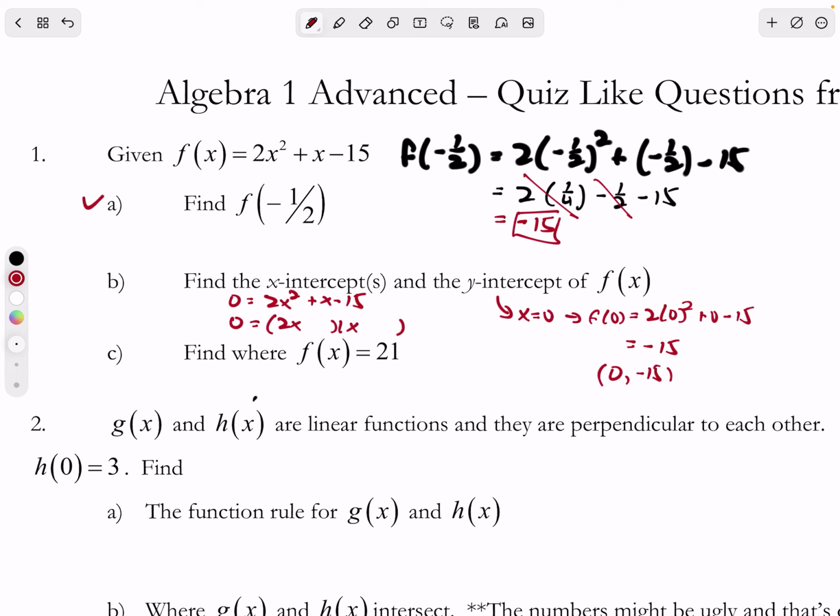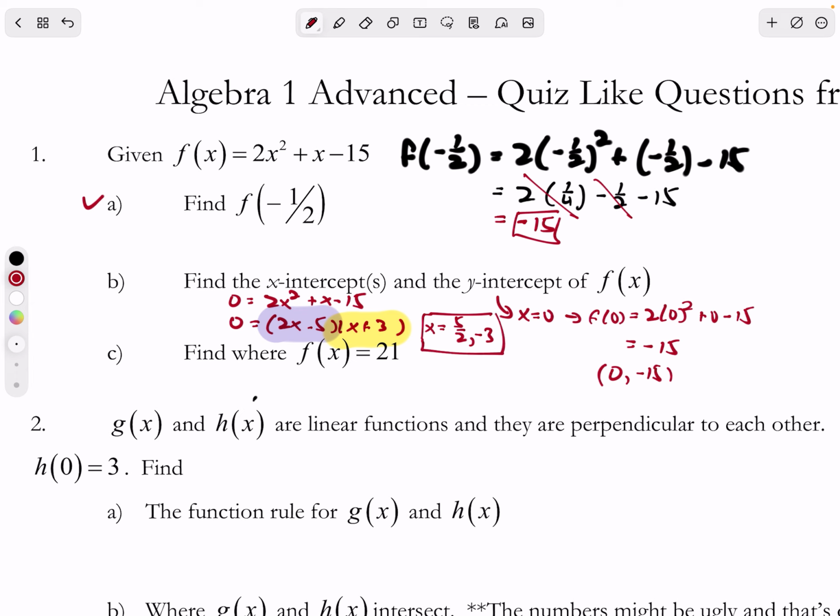I think it's going to be plus 3 here, minus 5 here. And I set each individual factor to 0. So for this factor, I get x equals 5/2. And for the other factor, right here, I get x equals negative 3. And we're good to go.